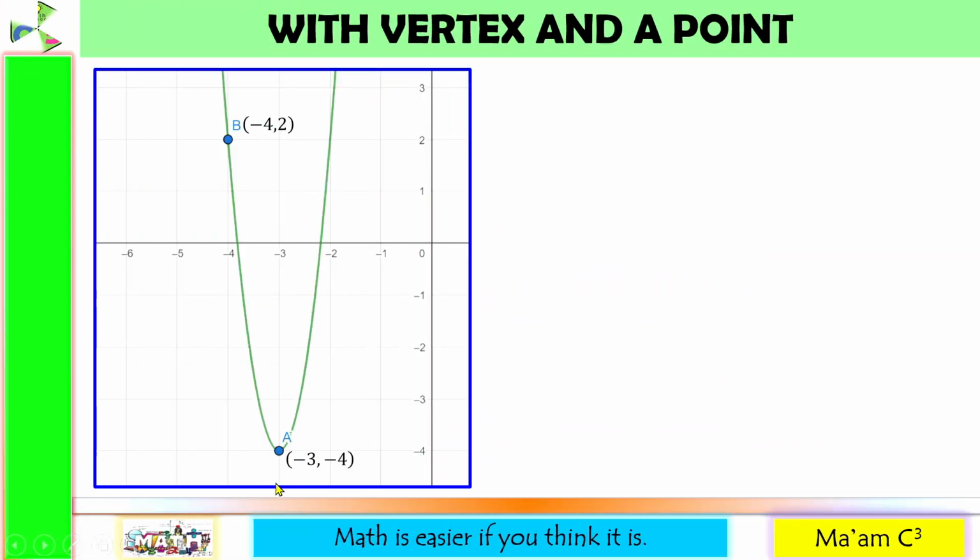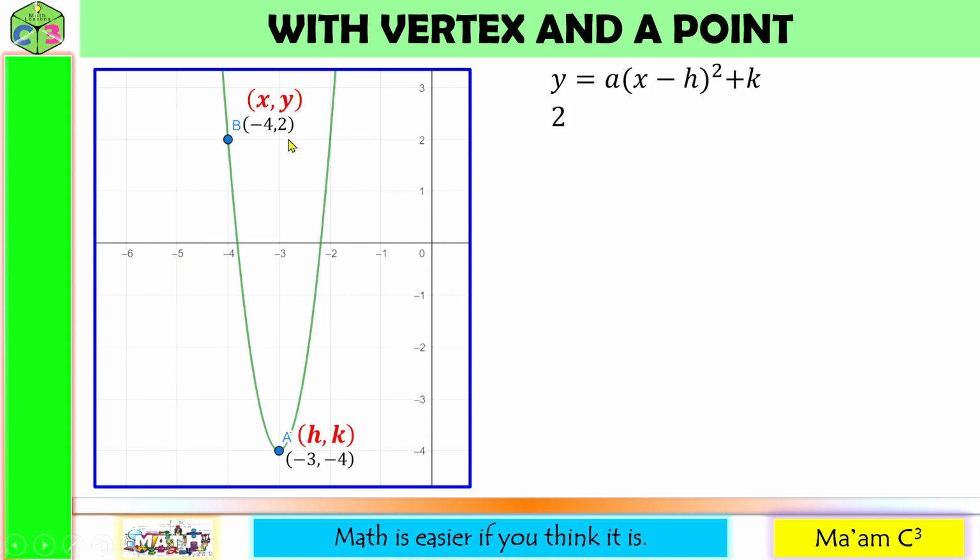This time we are given a vertex and a point. We all know that a vertex is denoted as (h, k), and this point here can be denoted as (x, y). Since I have a vertex here, I'm going to use this time the vertex form: y is equal to a times the quantity (x minus h) squared plus k. My y will come from here, and this is equal to 2.